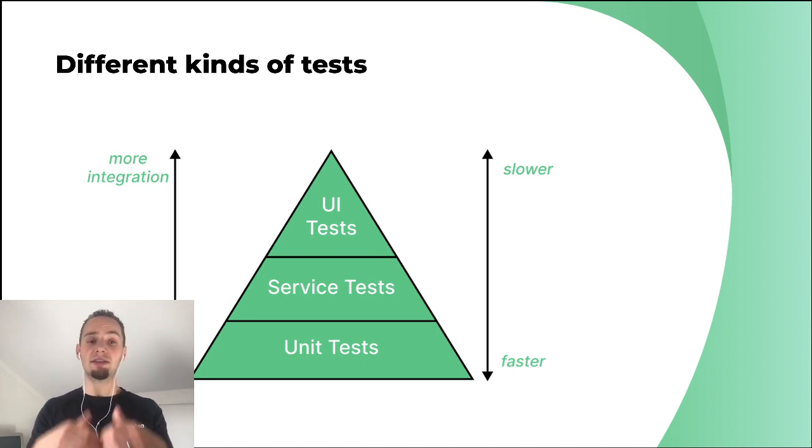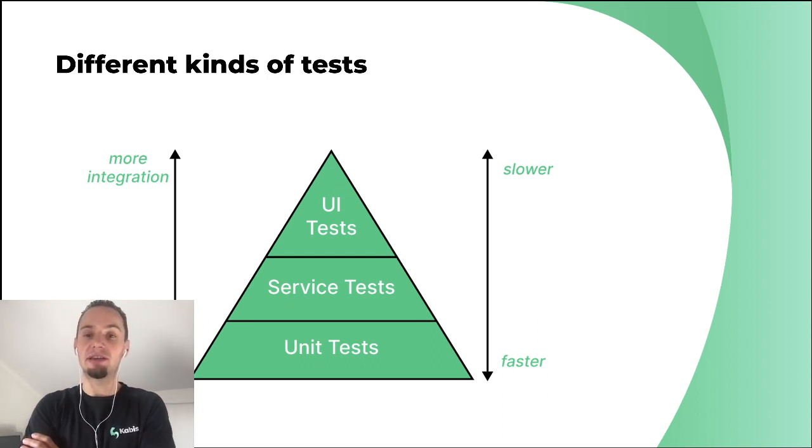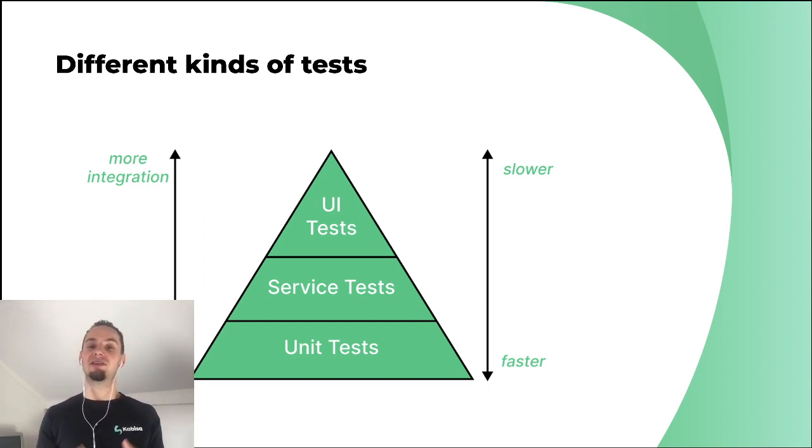And then the top layer of the pyramid are the UI tests. And the UI tests are basically the kinds of tests that are the most integrated, because they will test your system as a whole. And it will test this system exactly the way that an end user will interact with the system. So if you're building an API, then the UI test will be a test that actually calls REST API calls or GraphQL API calls.